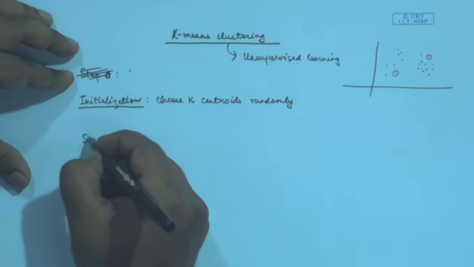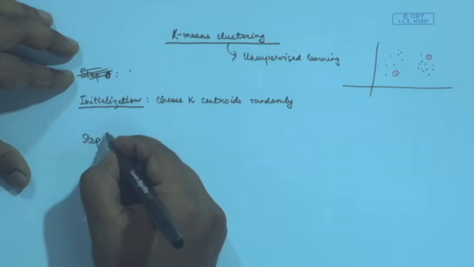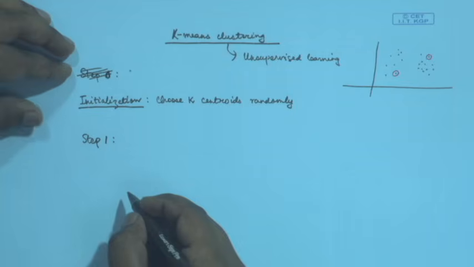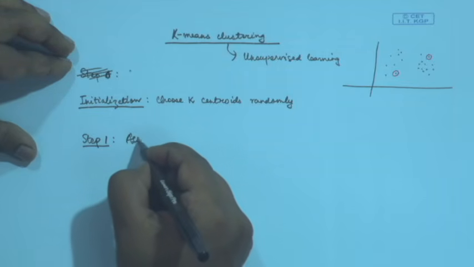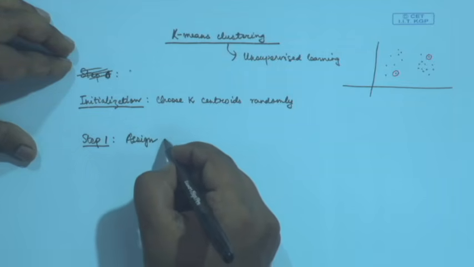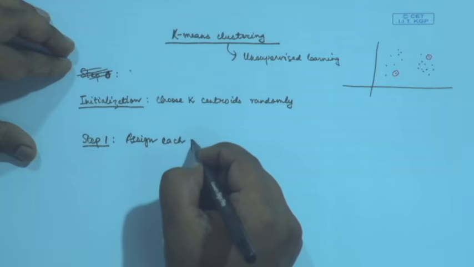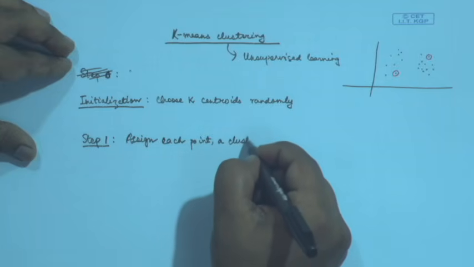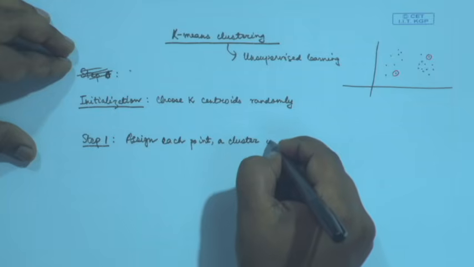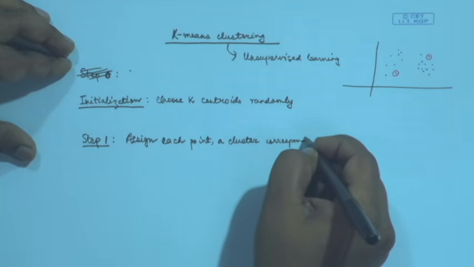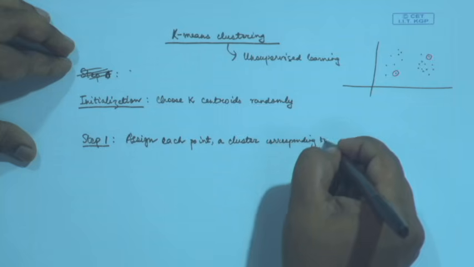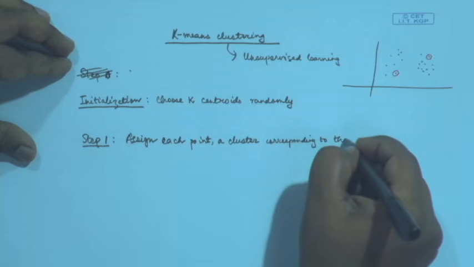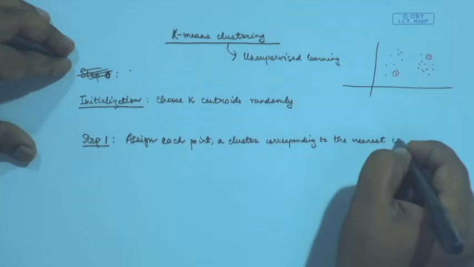Now the next step, step 1: assign each point a cluster corresponding to the nearest centroid.